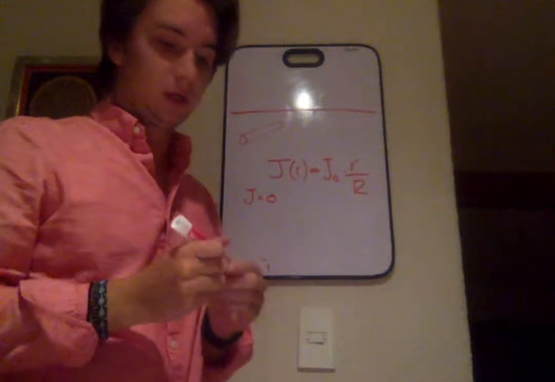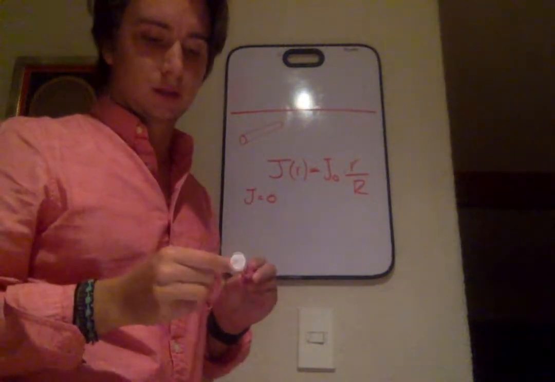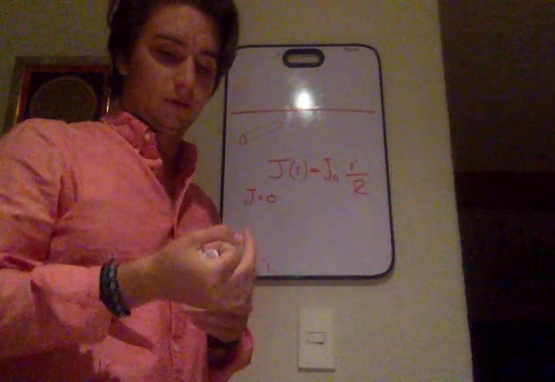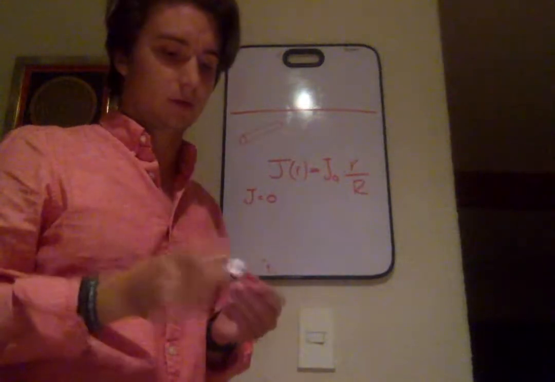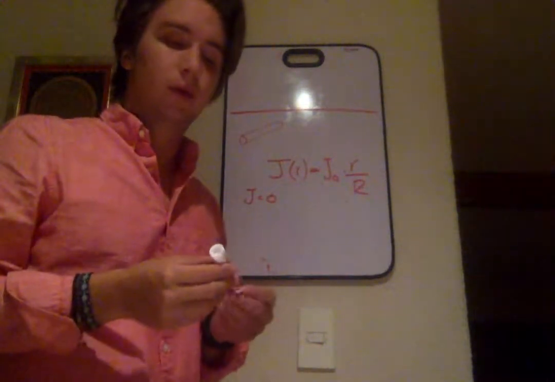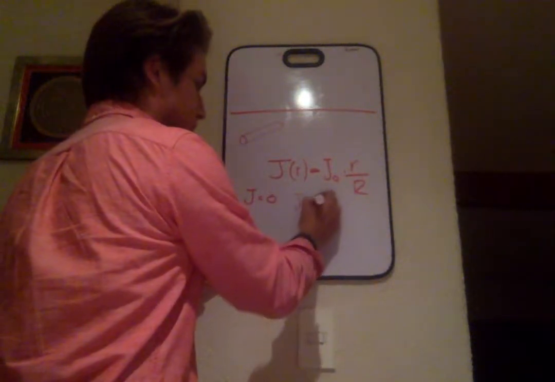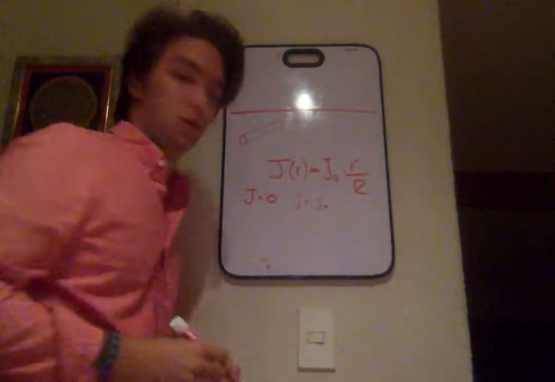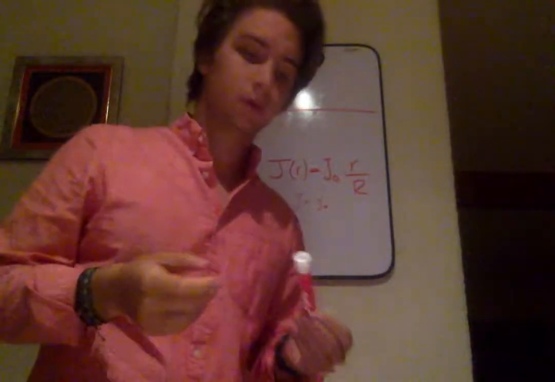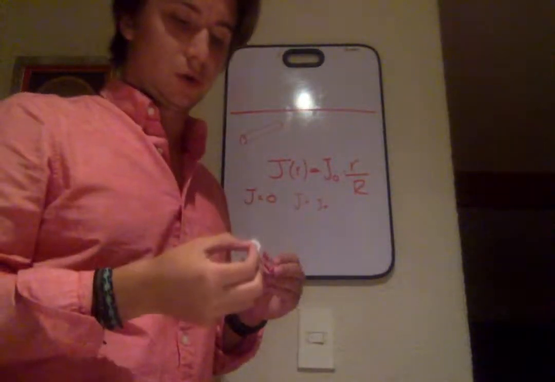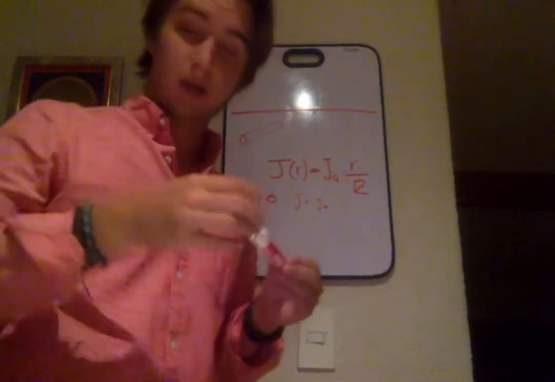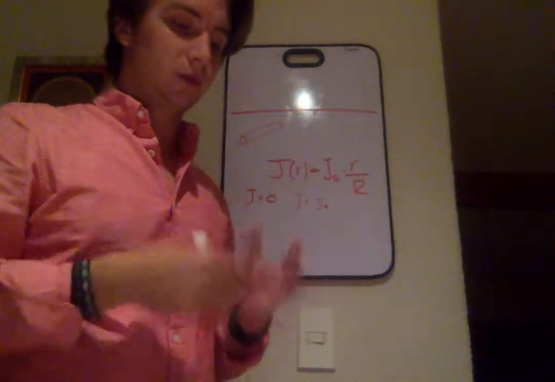And if we locate at the circumference of the whole wire, then we have a maximum J0.